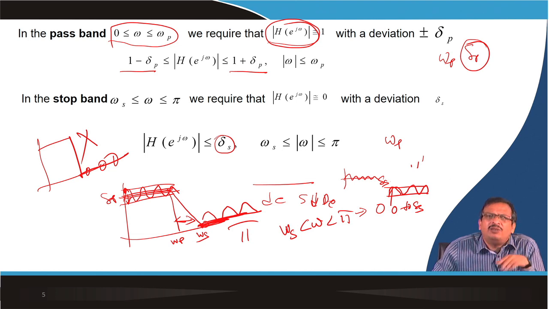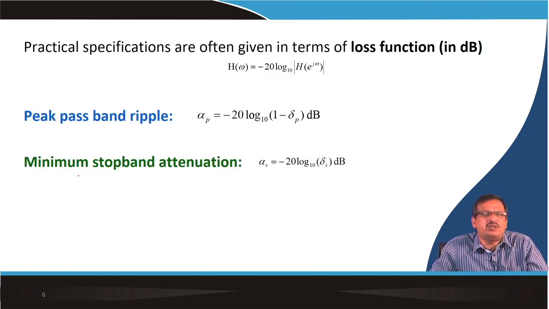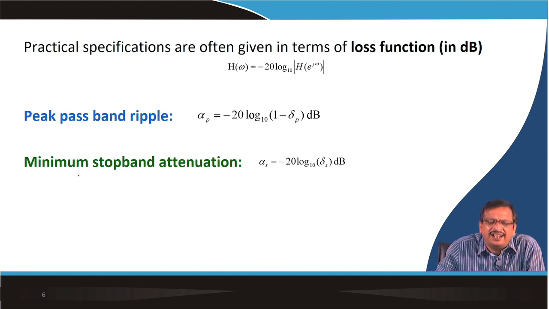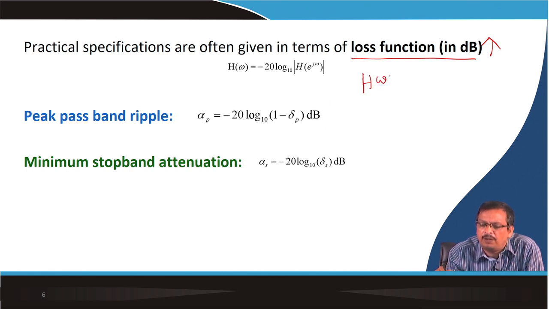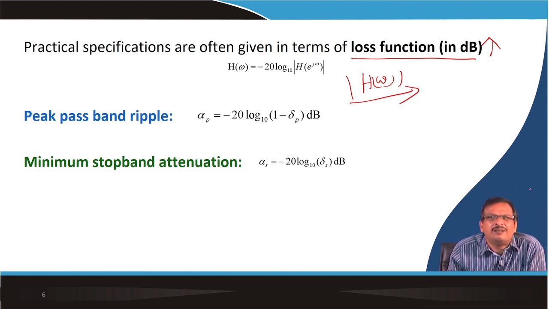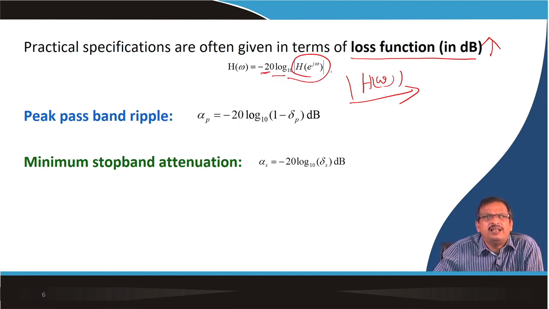So how will this specification be given when you want to design a filter? In practical specification, the loss function is defined in dB. The magnitude of my pass band, mod of H of omega, has to be expressed in dB. It is in voltage; if it is squared, then it is power. If it is voltage, then it is 20 log 10 of mod of H of e to the j omega, the magnitude response of the filter.